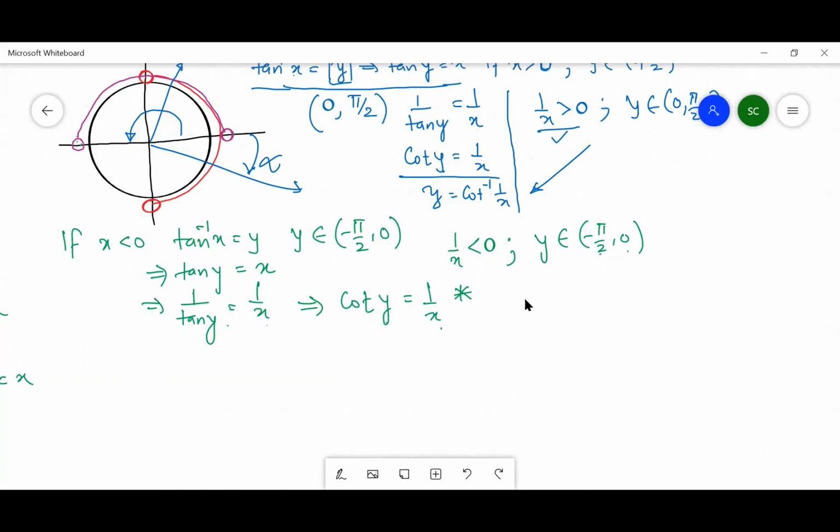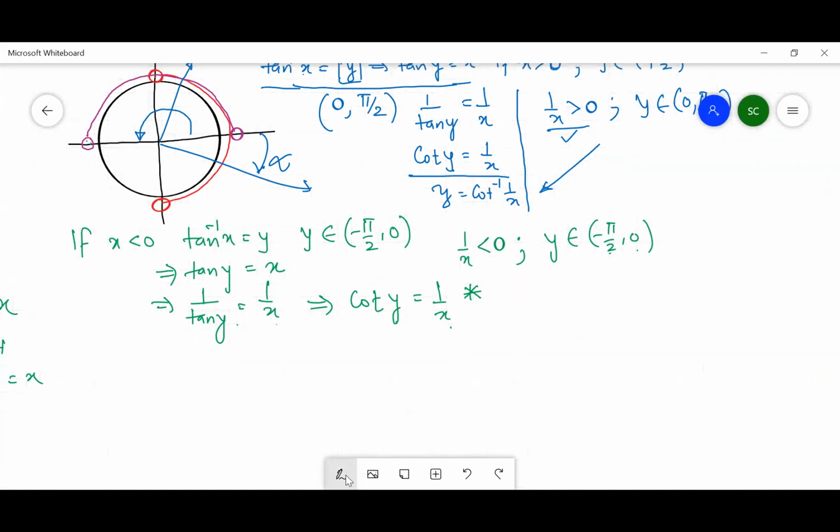So instead of writing it like this, let us write it like this so that we will come to know: minus pi by 2 is less than y is less than 0. Now we don't have a negative sign here, but we have to consider an angle such that cot inverse is possible. So we have to modify this y in such a way that it is between 0 to pi.